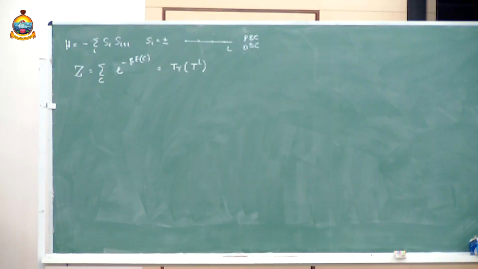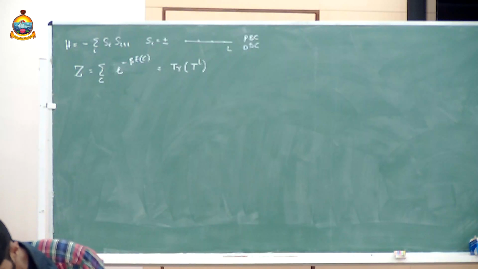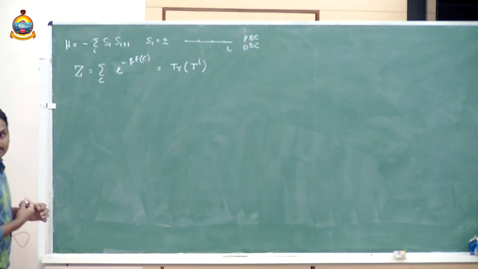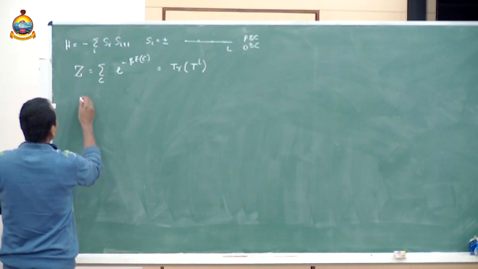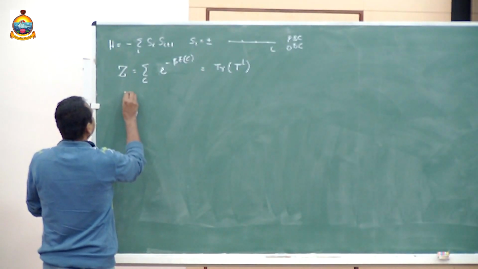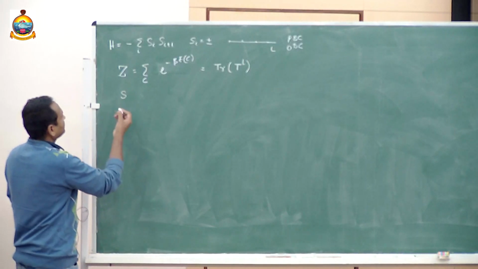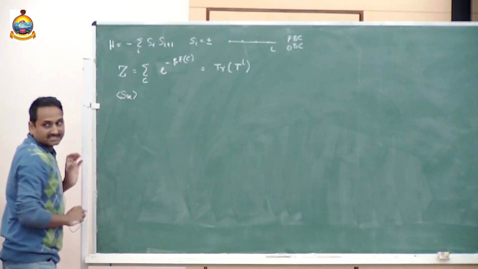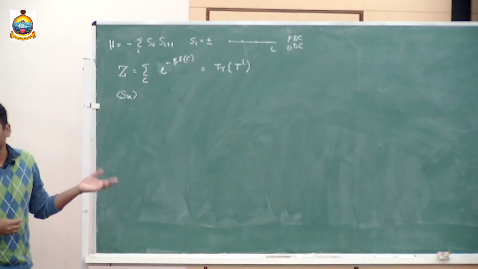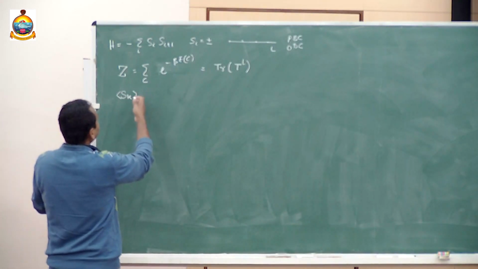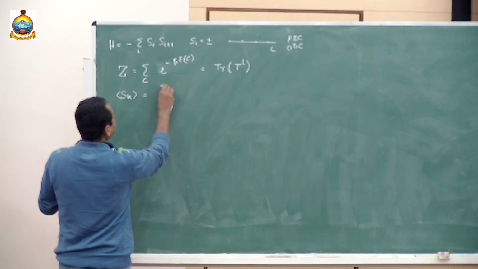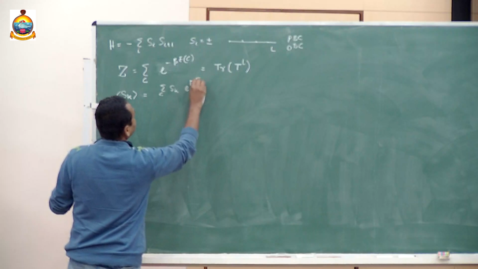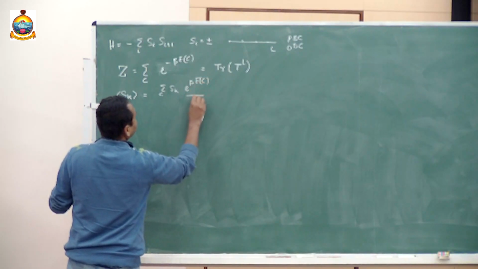And then we were trying to calculate various quantities. One thing we calculate is, let us say, the expectation value of s_k, the expectation value of the spin at k. That is defined by the summation over C of s_k e to the power minus beta E divided by Z, because that's the probability.